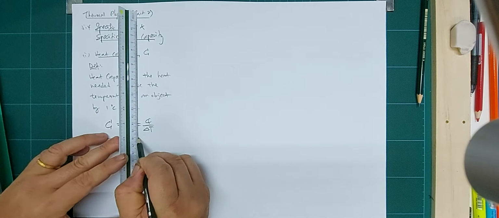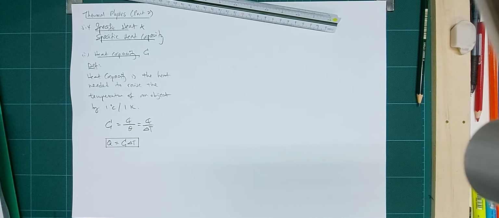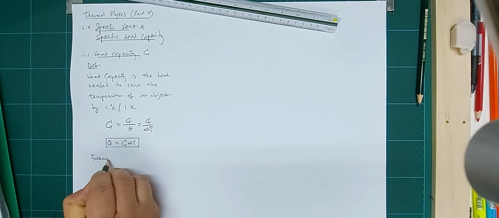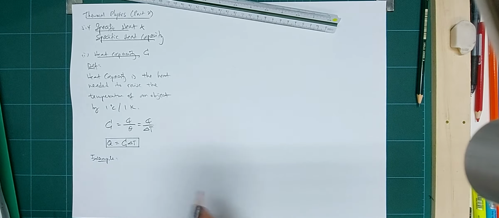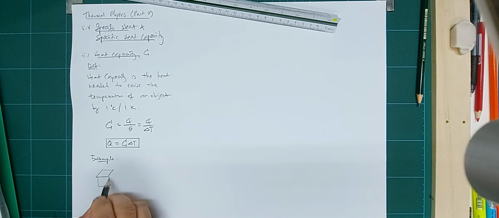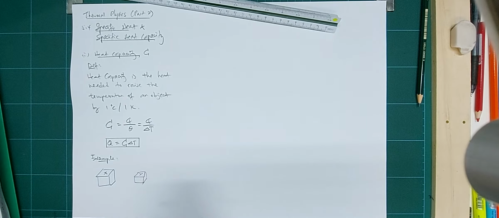Now the problem is heat capacity is not really that specific, because it can't tell you exactly what we want in physics. For example, let's say you have a piece of metal X and another piece of metal Y. The masses are totally different.